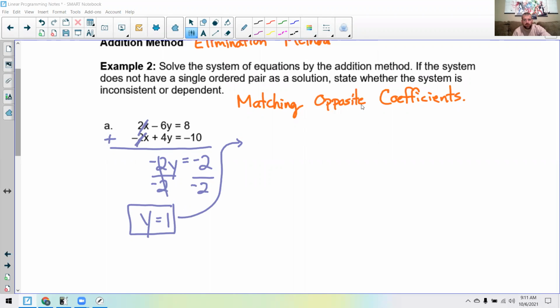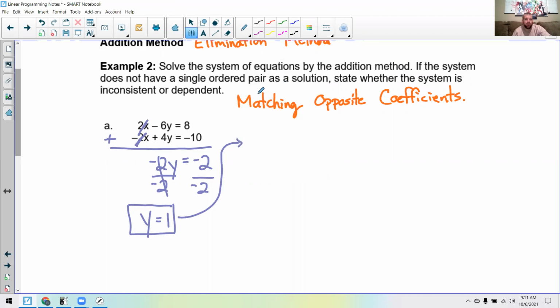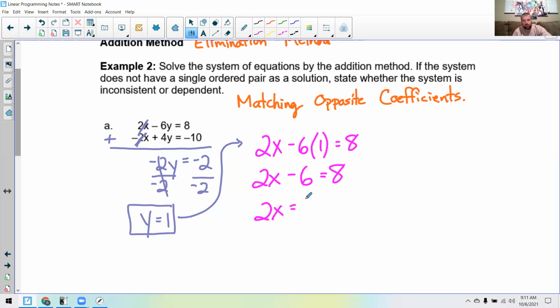Let's do paint. Brighten it up a little bit. There you go. So I can take 1 for y and plug it back in either equation. I'll plug it into the first one. 2x minus 6 times 1 equals 8. 2x minus 6 equals 8. Add 6 to both sides. 2x equals 14.